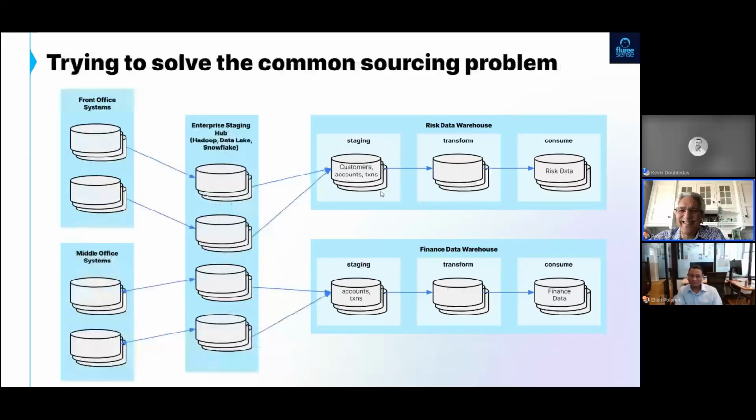So let's move on. Again, some of them tried to solve this with common sourcing, whether it be through Hadoop, data lakes, Snowflake, or software de jour. But again, the same problem existed where things were still kept within their own areas. Part of that was a control reason, a cultural reason. We're not going to hit too much today on culture, but it's an important aspect.